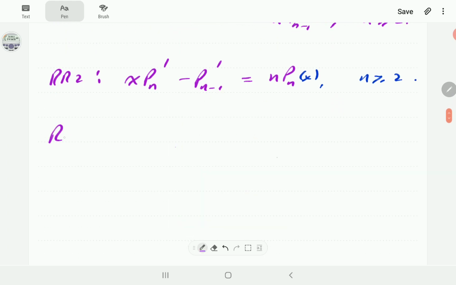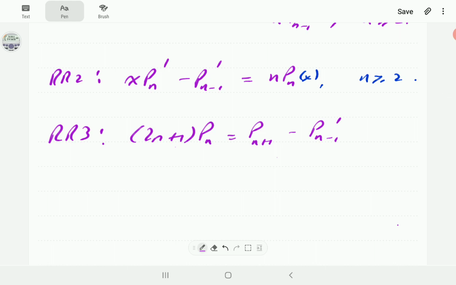And then the third one is 2n plus 1 times P n is equal to P n plus 1 prime minus P n minus 1 prime. So these are the three basic recurrence relations for Legendre polynomials.